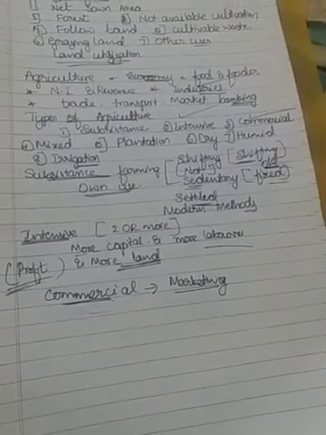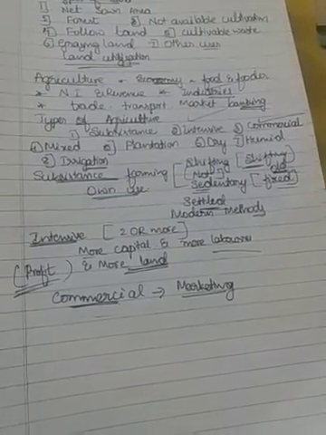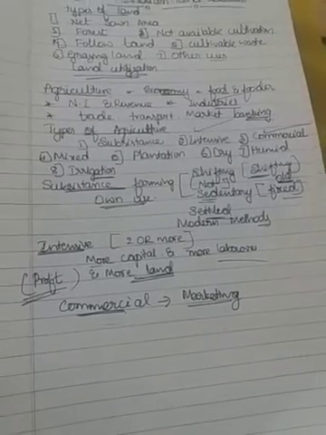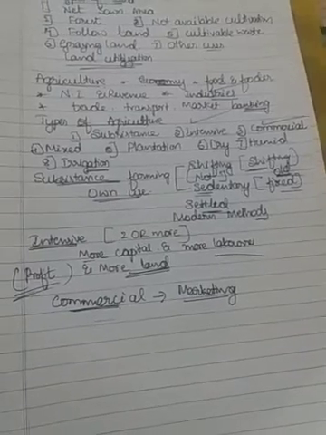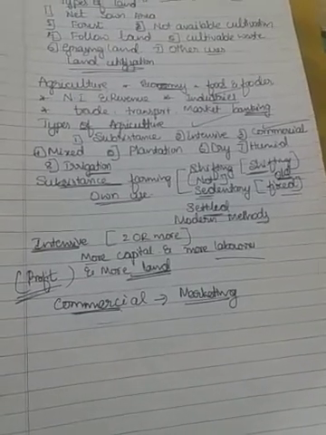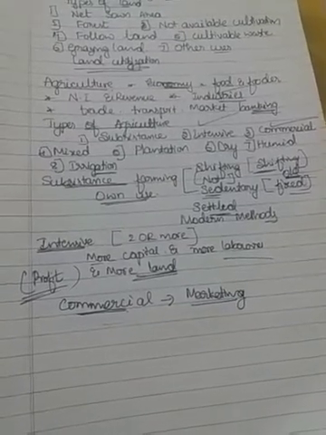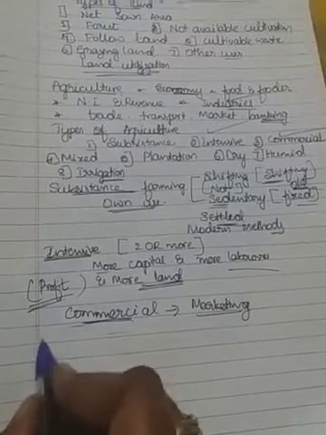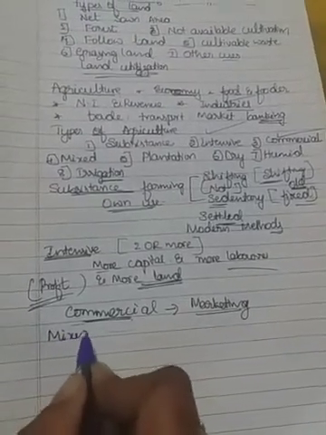Examples: growing of maize, wheat, jowar, like that, or growing of coffee, tea, rubber, those all come under commercial farming. So growing of crops for the commercial purpose or for the marketing purpose only, that is called commercial farming.